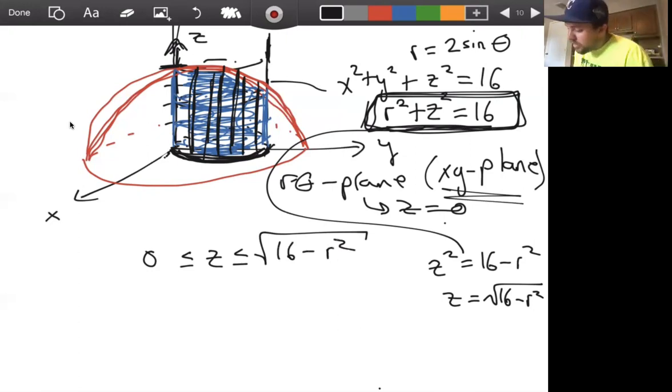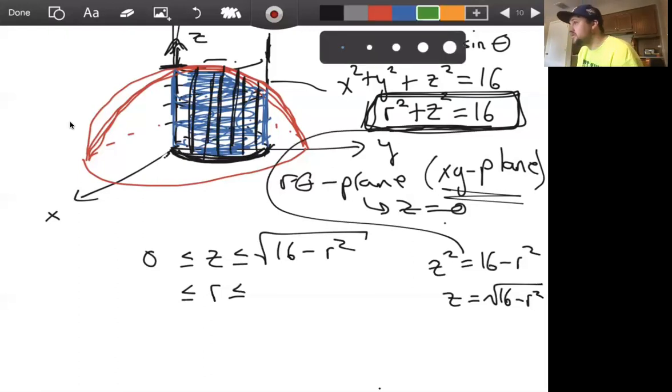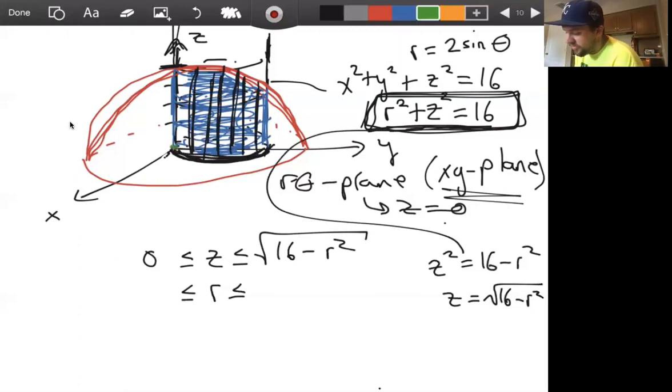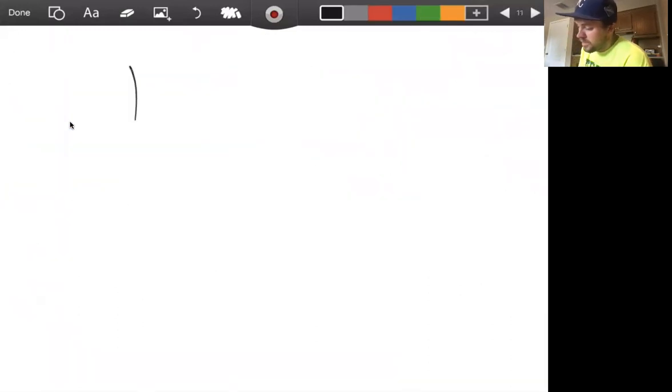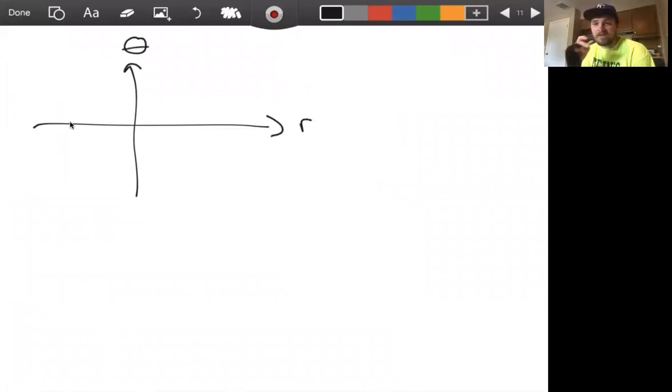We also need our r bounds here. Our r bounds are saying, okay, well, how far out from the origin can I go, right? And if you'll notice, this depends on theta, right? Because what are we looking at? In the r theta plane, or any trace parallel to the r theta plane, the picture we have is a circle of radius root 2.